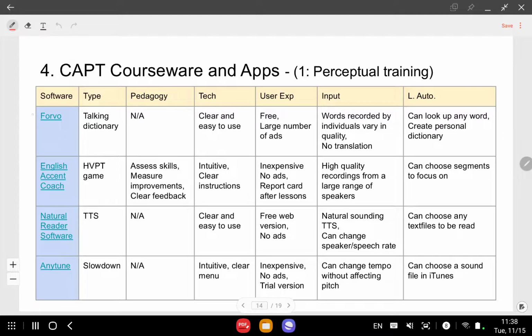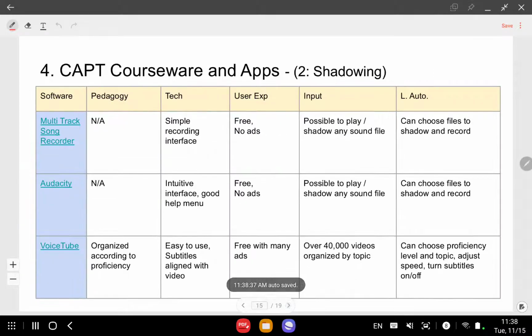So the author brings 4 examples for perceptual training: Forvo, English Accent Coach, Natural Reader Software, and AnyTune. They are different in types, and these are the 5 criteria for judging the courseware. I'm not going to read every single cell, so please take a moment to pause and look at them.